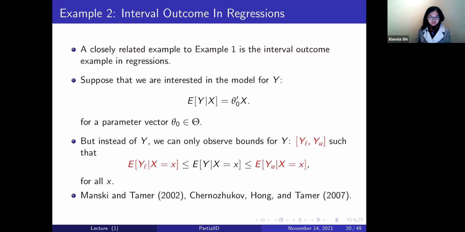The second example is closely related to the first example. Here it's also interval outcome, but it's in a regression context. Let's say we're interested in the model where the conditional mean of y given x is a linear function of x, and we are interested in the parameter in this conditional mean model, the theta parameter. Again, we do not observe y, but we only have some bounds, capital YL and capital YU, that we know will bound y.